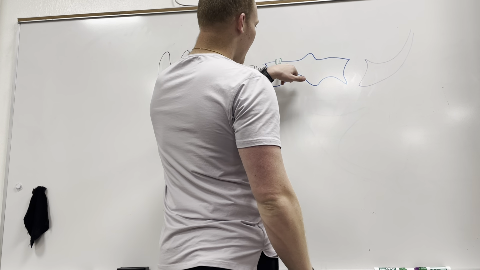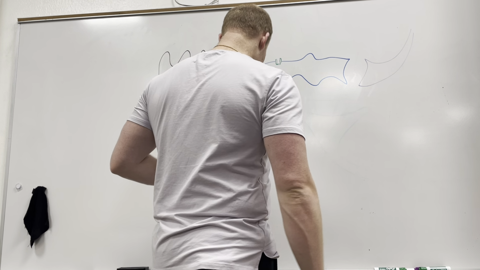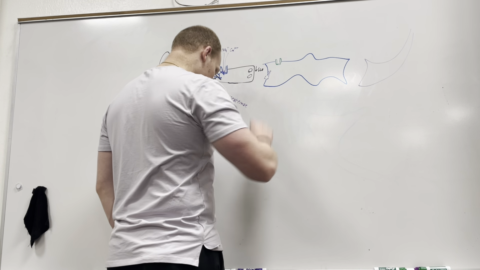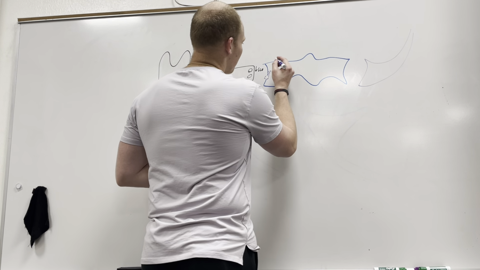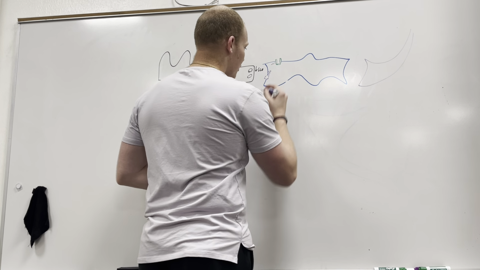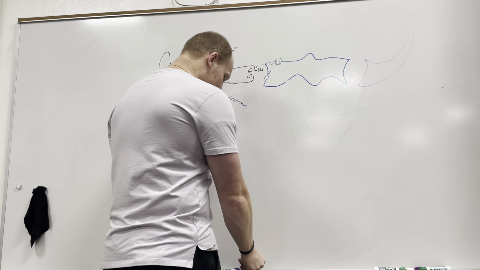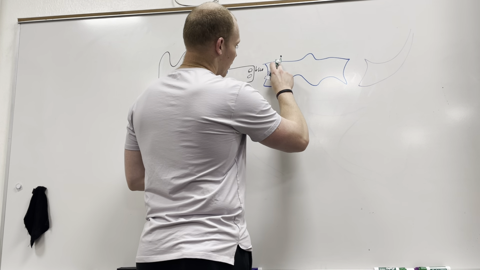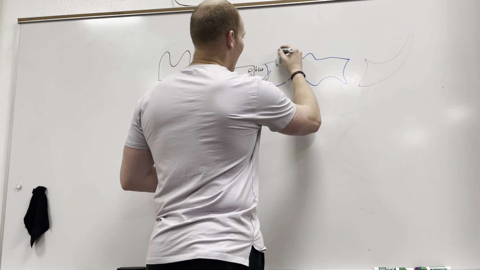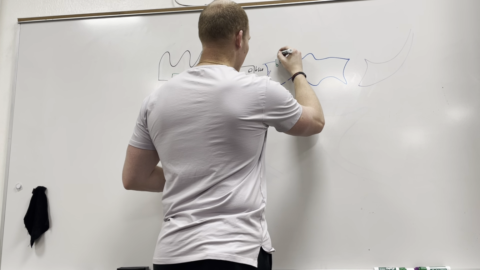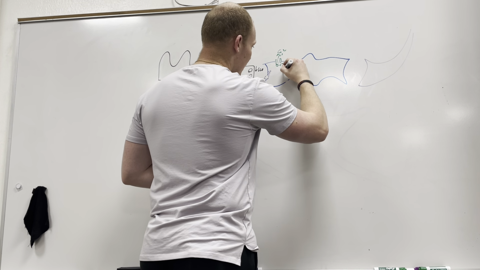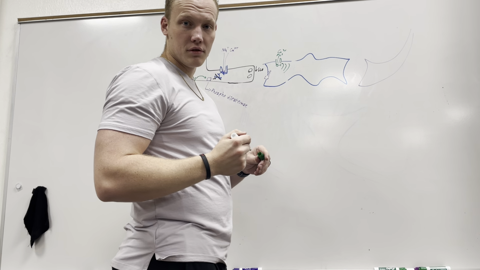And that gated channel is deactivated by the beta and gamma subunits of this G protein. So when those beta and gamma subunits are sitting here, it's closed. But if we were to remove those, we can open this cationic channel and allow calcium and sodium to come in, creating a receptor potential.